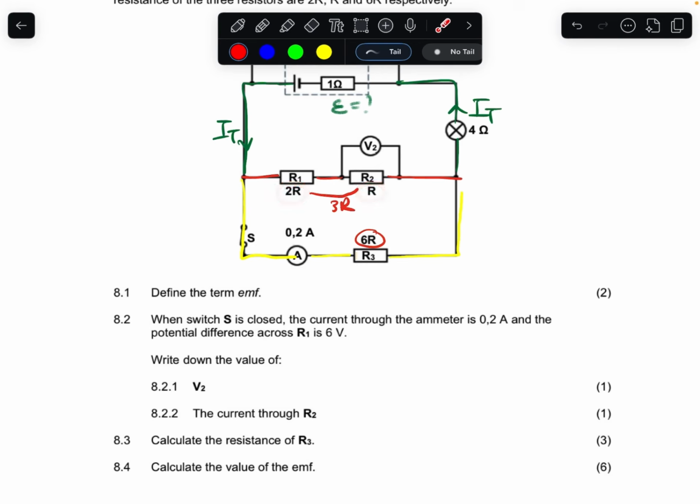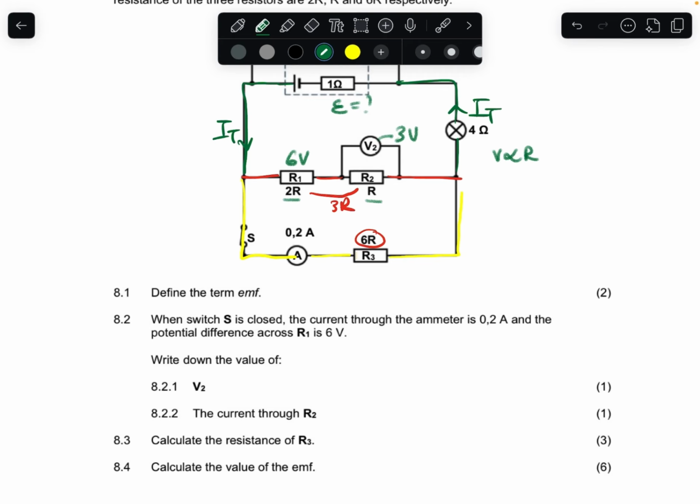That means the voltage of this one is half of this one, right? So if the voltage here is 6V, that means the voltage here is 3V. Remember, there's a direct proportionality between the resistance and the voltage, right? So it's 6V, and this is going to be 3V, right?